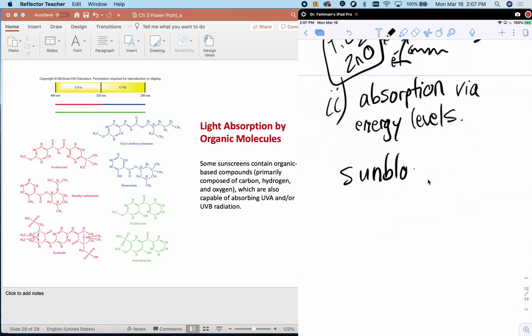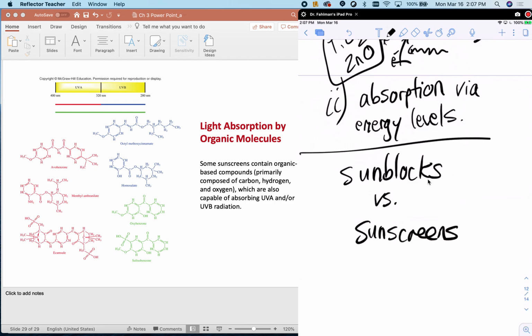So sunblocks, these are what you've probably seen on lifeguards, where they have a white nose or something like that. So it's generally not transparent. These are typically greater than 100 nanometer sized particles, so pretty large particles, and it is just blocking UV, as its name implies.